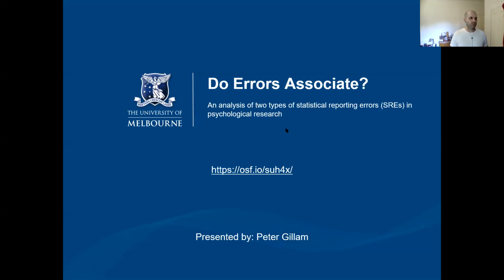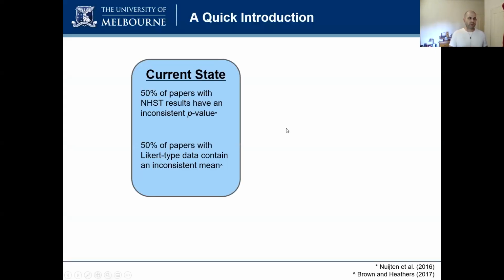So just to set the scene a little bit, we were following on from some previous work by Newton et al. in 2016, which indicated that 50% of papers with a null hypothesis significance test result reported a p-value that was inconsistent with the test statistic and degrees of freedom, and work from Brown and Heathers in 2017 that indicated that 50% of papers with Likert type data had a mean that was inconsistent with the sample size.